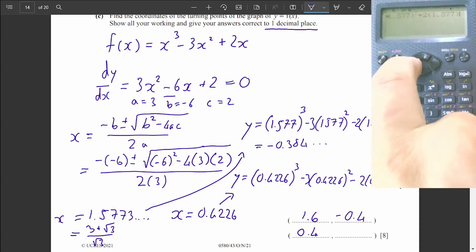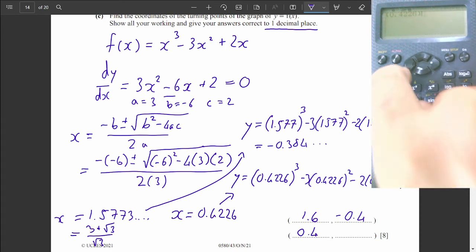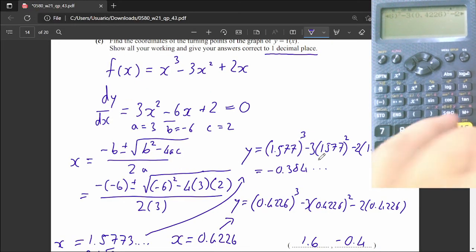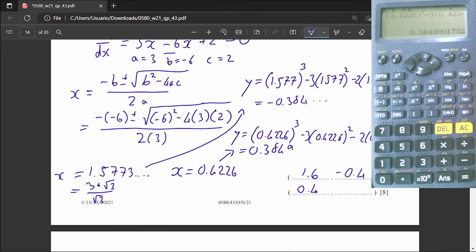Put it into the calculator. Again, make sure you put all the minuses and pluses in the right place. We get 0.3849 rounded to 1 decimal place, 0.4, and you got a good 8 marks out of that.